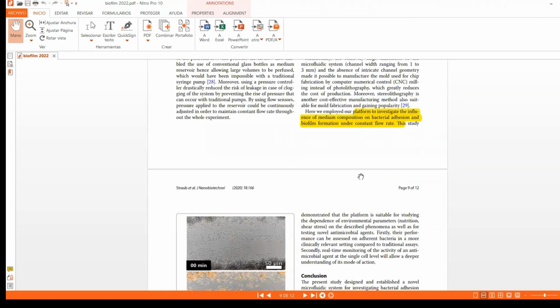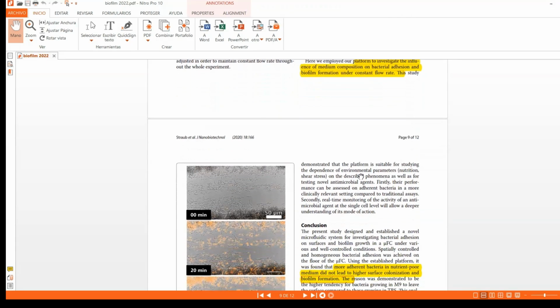Okay, they studied the antibiotic activity. So the platform was used for direct visualization of single lysed cells and reveals the performance of the antibiotic.